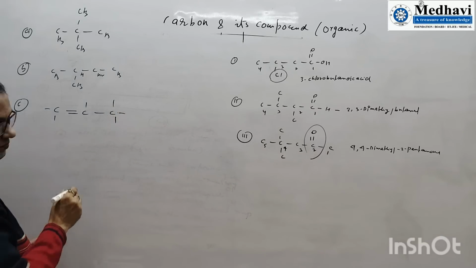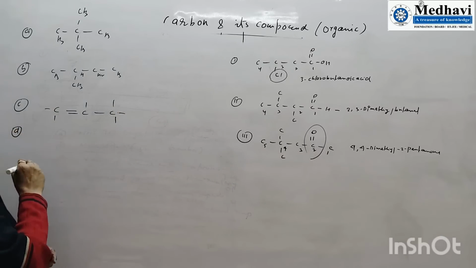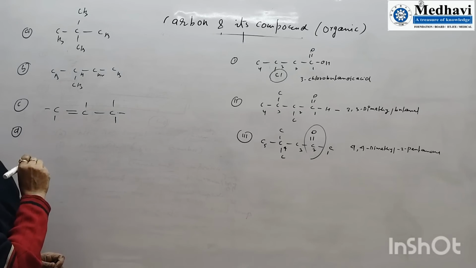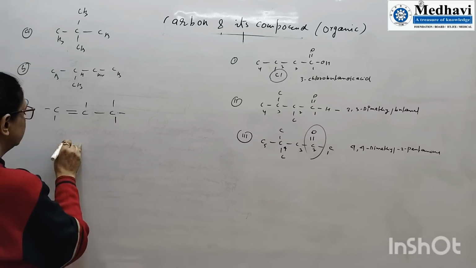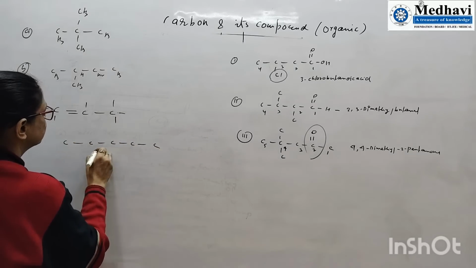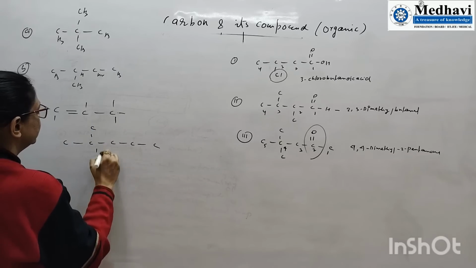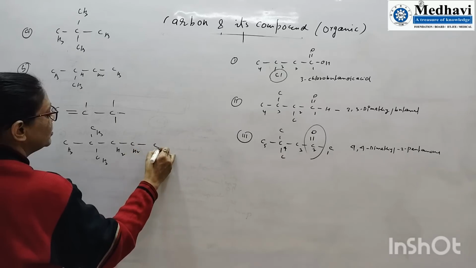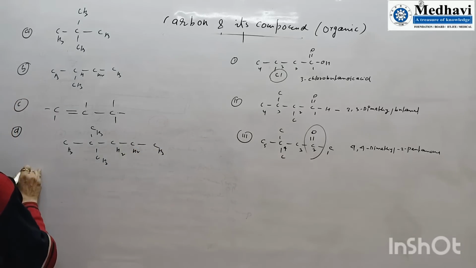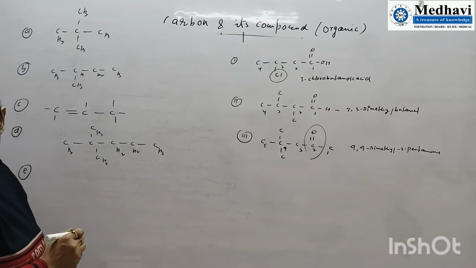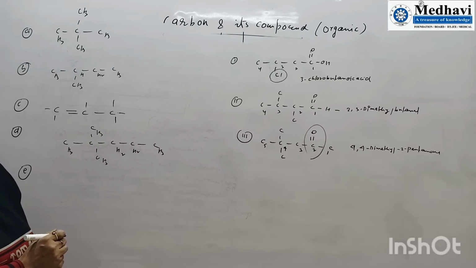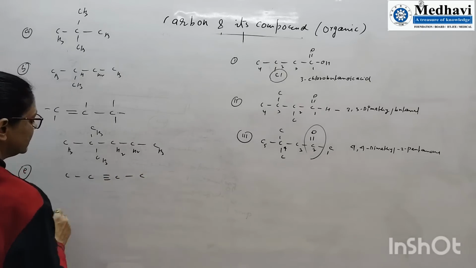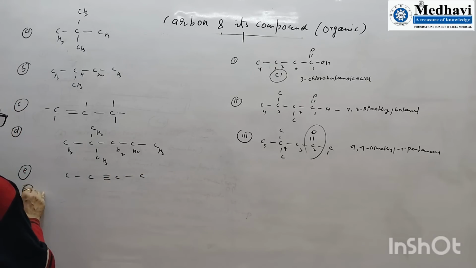Next is this, CH3, CH3, CH3. Actually, filling in hydrogen makes it bulky and confusing for you, so better that you avoid that. You take one functional group bond also. Like this, avoid hydrogen.